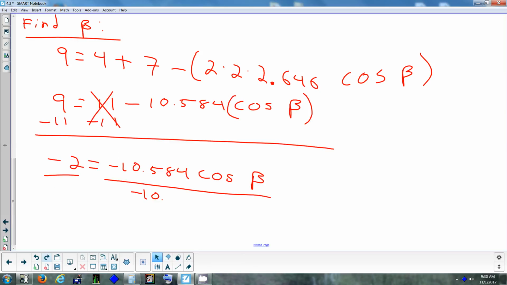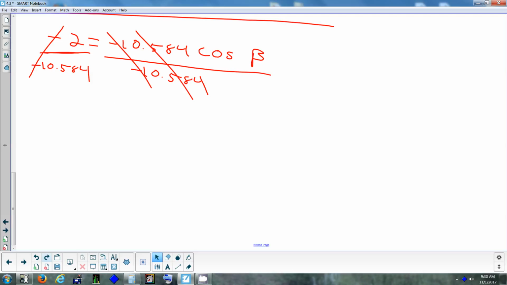So divide each side by negative 10.584. Here, the negatives cancel. Okay, and let me write down what we have now. 2 divided by 10.584 equals cosine beta.